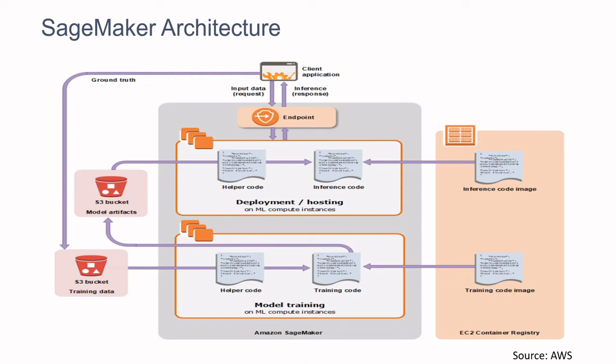Once the endpoint is created, from the client application or from SageMaker itself, you can call this endpoint and do the inference. You can do the prediction from other applications, or you can do the prediction from AWS SageMaker itself, right?